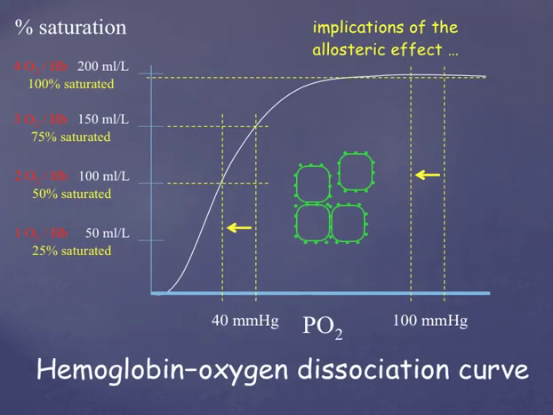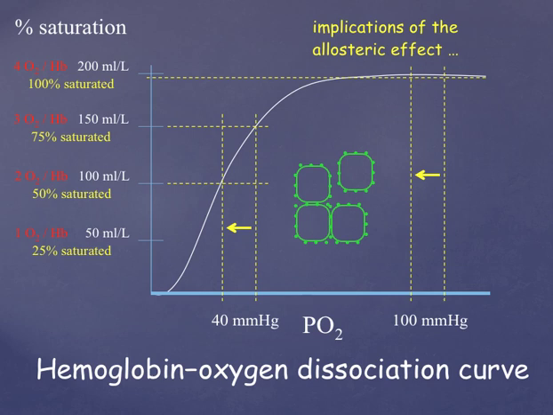What does it mean? All right, look at the partial pressures on the x-axis. You should remember that we see a partial pressure of 100 when blood is in the lung, and we see a partial pressure of 40 when blood is entering the lung. So venous blood might have a partial pressure of 40, and matching up with the alveolar partial pressure, blood leaving the lung will have a partial pressure of 100.